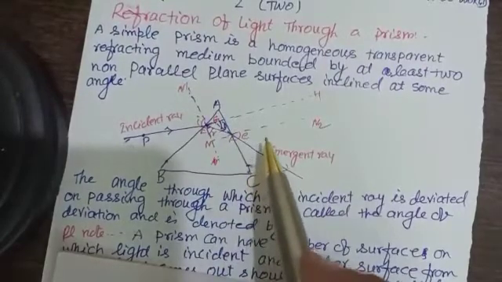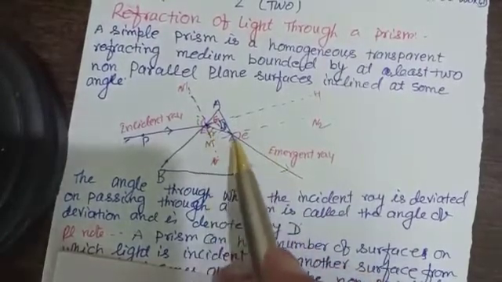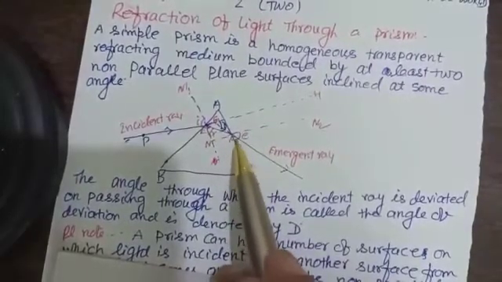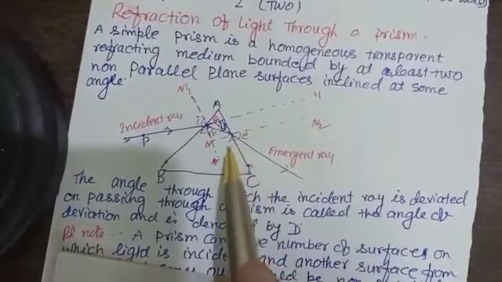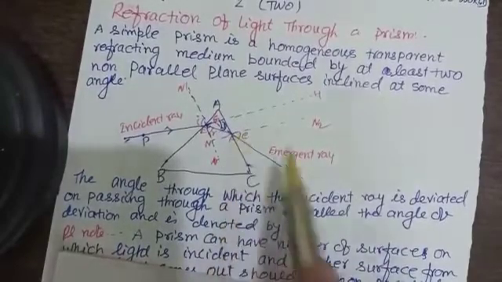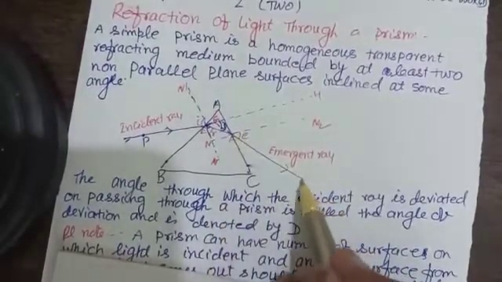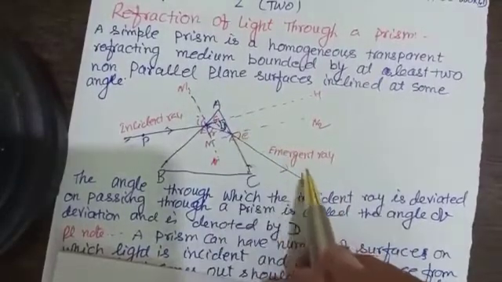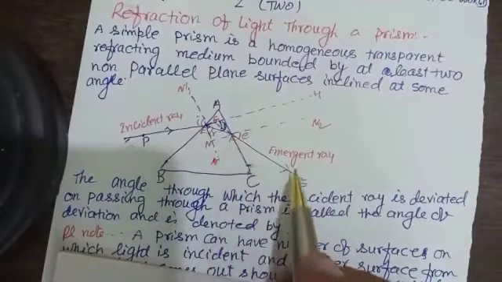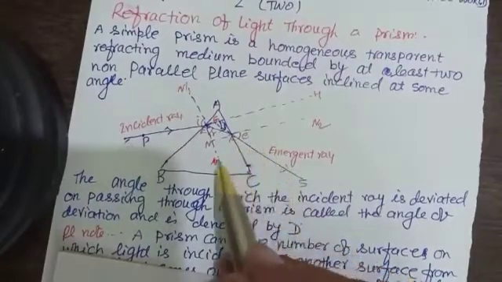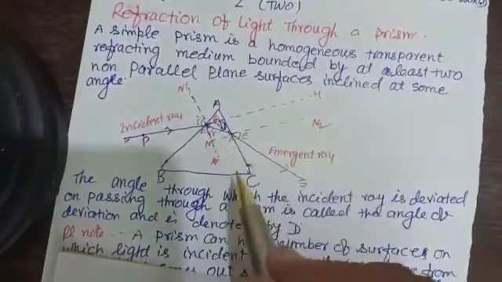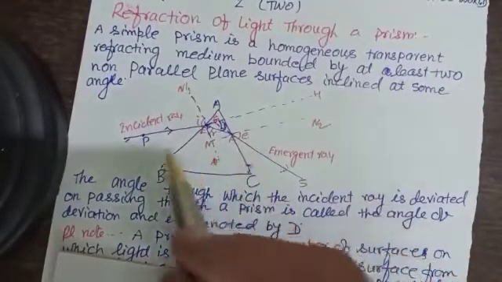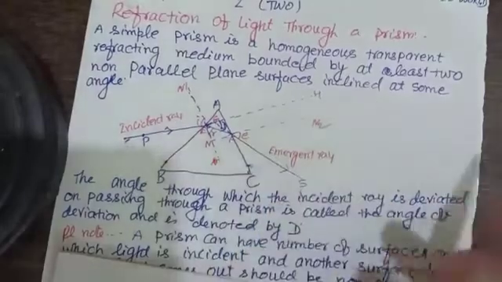The refracted ray EF suffers a second refraction at F and emerges along FS. Now going from denser to rarer medium, it bends away from the normal. So in this case the incident ray PE suffers two refractions.